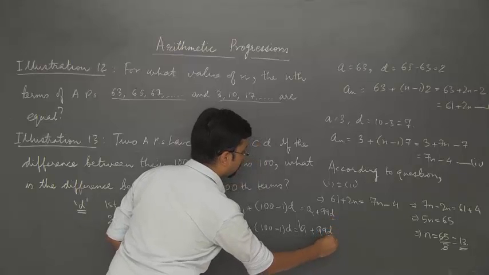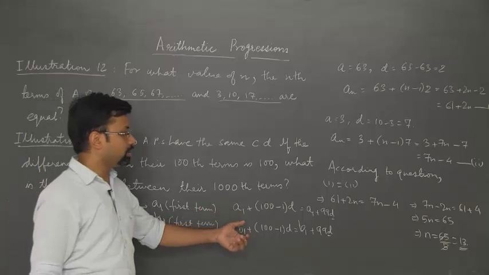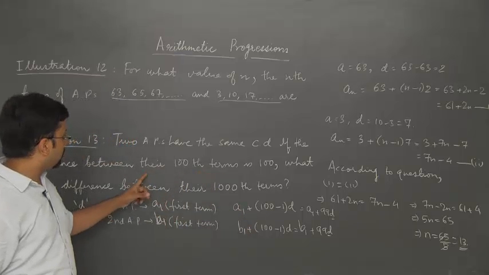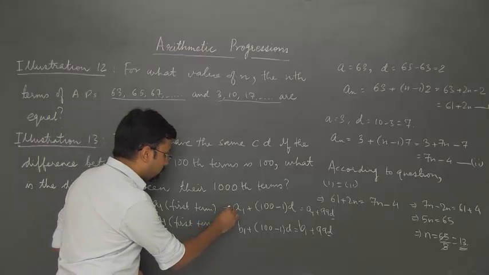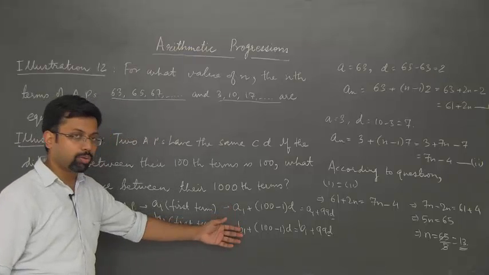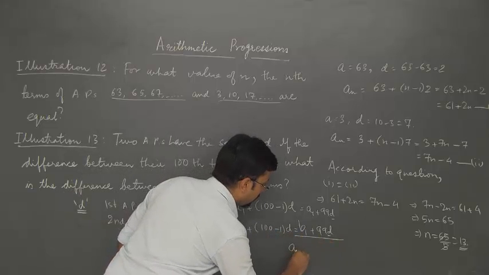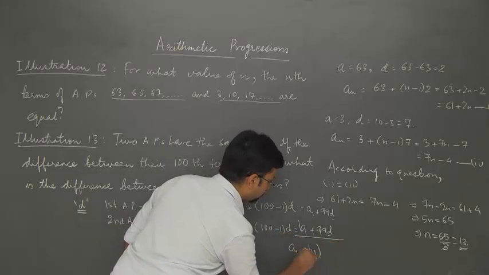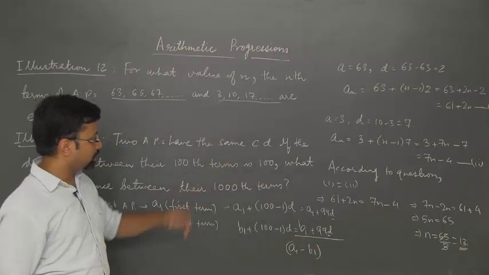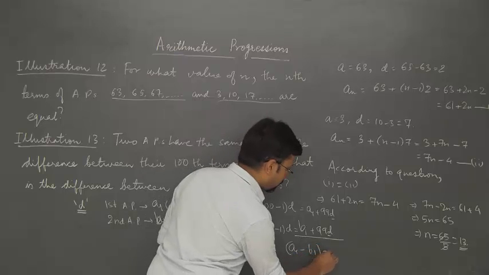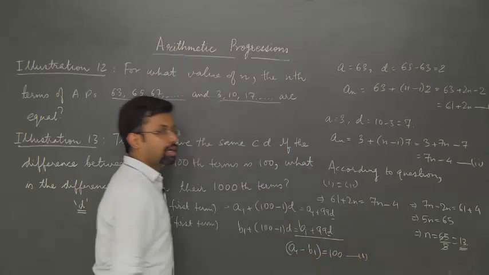We have used the same common difference D. It is given that the difference of the 100th terms is 100. Let us assume that this is the bigger AP and this is the smaller one. When we subtract, 99D would cancel out, so A1 minus B1 is 100.